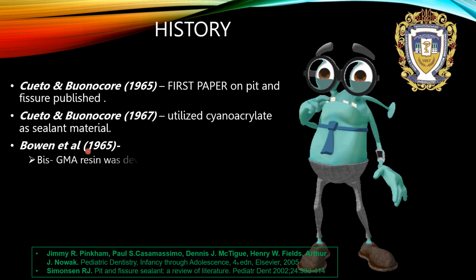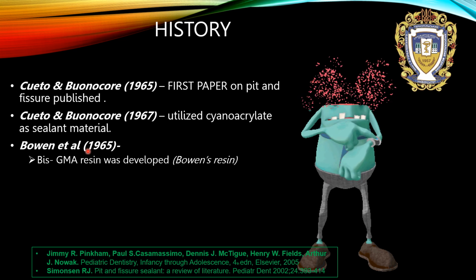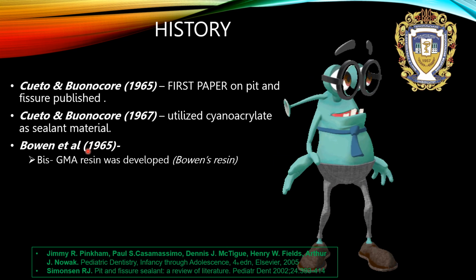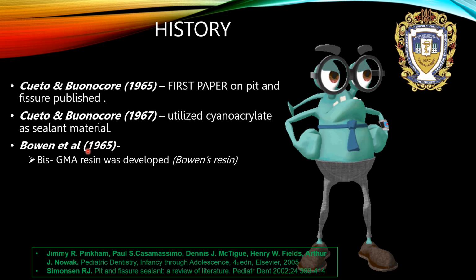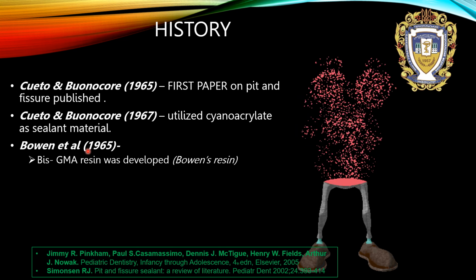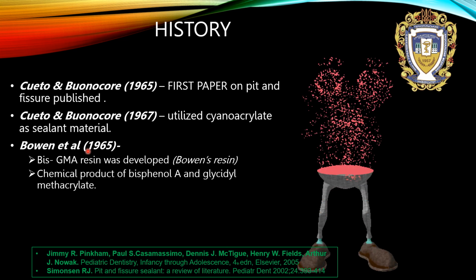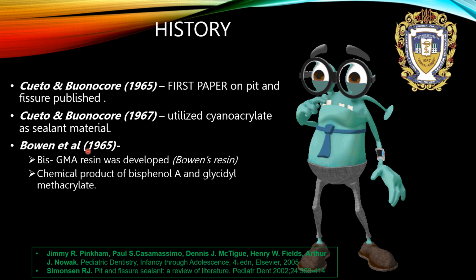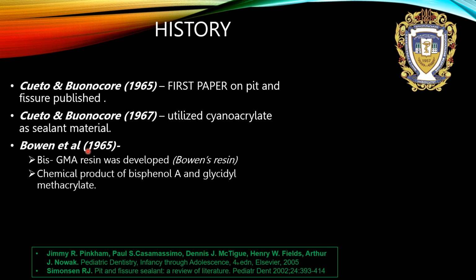In 1965, Bowen and co-authors proposed bis-GMA resin for sealing. This material is called Bowen's resin. It was a chemical product of bisphenol A and glycidyl methacrylate.